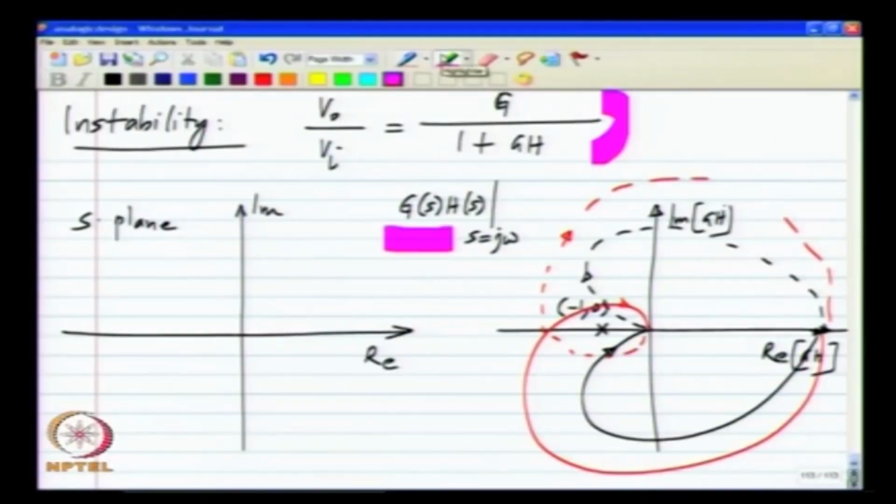And roughly speaking, it involves the sinusoidal steady state response of the loop gain and the critical point of minus 1. And the intuitive reason for minus 1 being there is that if the loop gain exactly equals minus 1, you will have instability for sure, because V naught by Vi becomes infinity, okay.